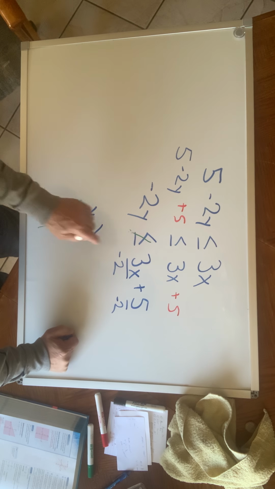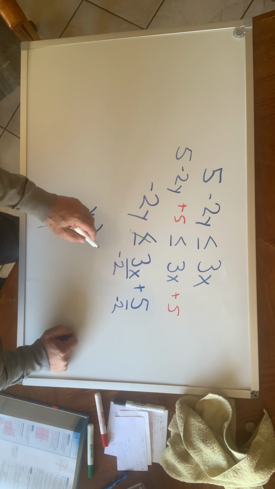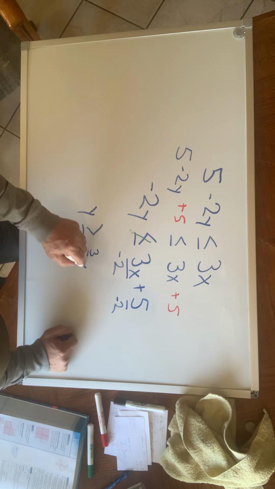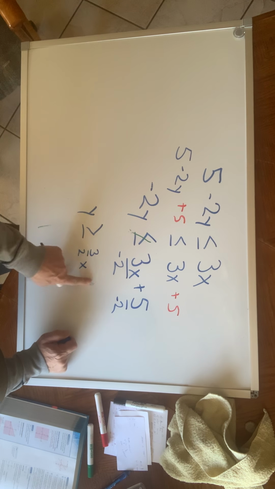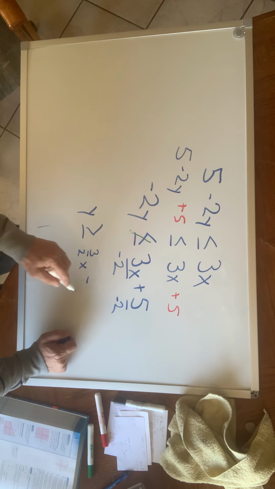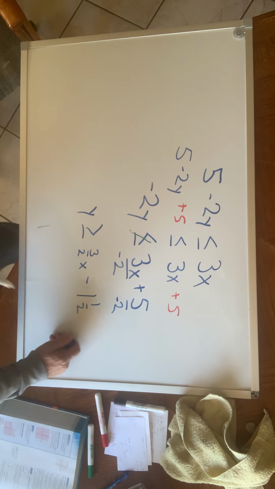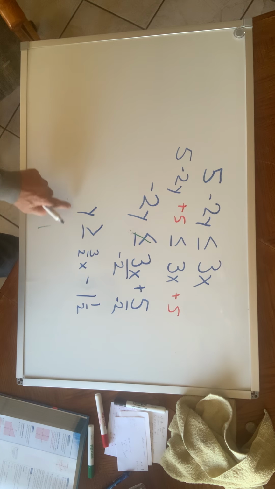And now, because we're dividing, we got to flip the sign, and we're going to get 3/2 x plus, actually not plus, it's going to be minus 1/2. Did you catch my mistake early? You guys should be good at that by now.